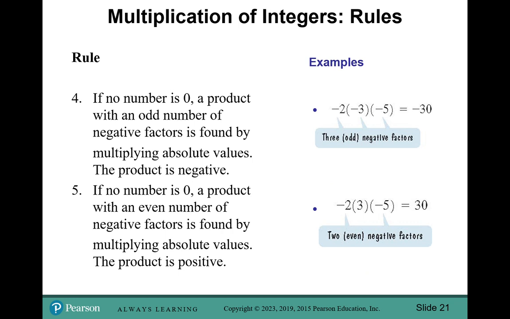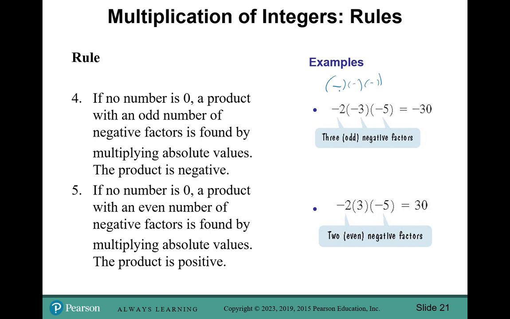Next rule. If no number is 0, a product with an odd number of negative factors is found by multiplying absolute values. The product is negative. So what we see here in the example is negative 2 times negative 3 times negative 5 is negative 30. What happens here is we essentially have a negative times a negative times a negative.